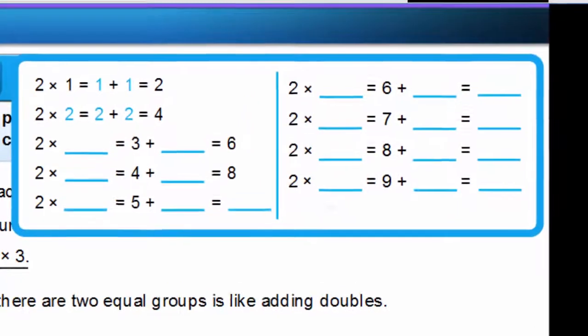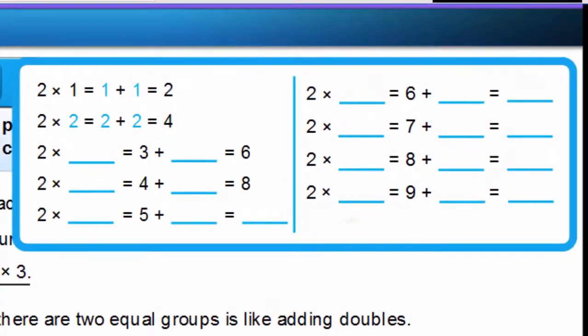All right, so let's look at our doubles. Here we have 2 times 1 is the same thing as 1 plus 1 equals 2. Here we have 2 times 2, which is the same as 2 plus 2 equals 4. 2 times 3 is the same as 3 plus 3 equals 6. 2 times 4, let's think of our doubles, is 4 plus 4, which equals 8.